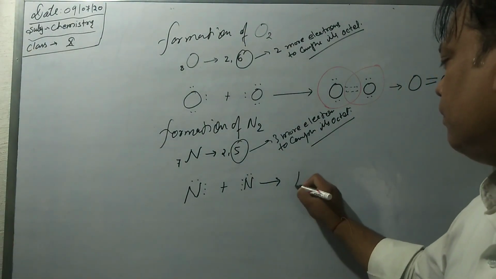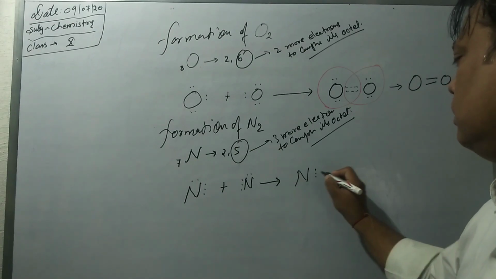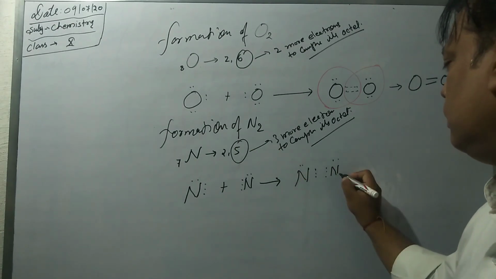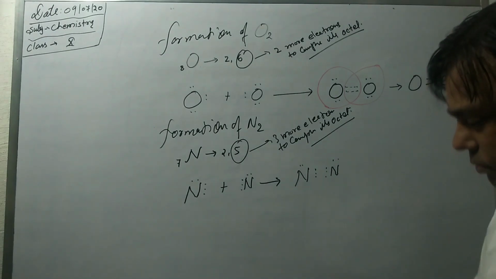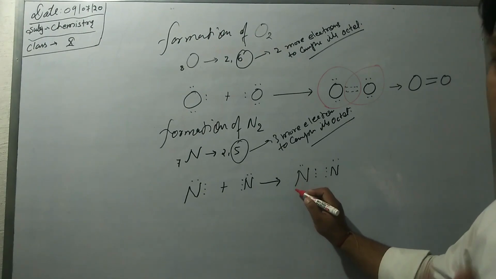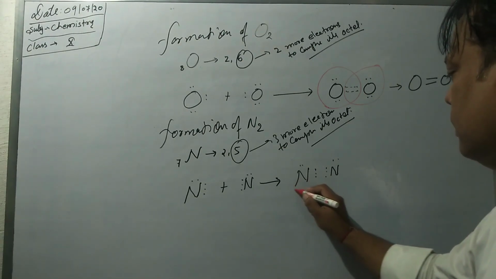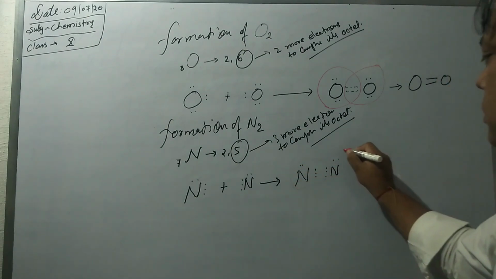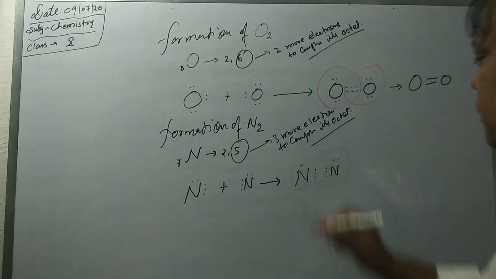Now, the first nitrogen needs 3 more electrons to complete its octet, and the second also needs 3 more electrons to complete its octet.